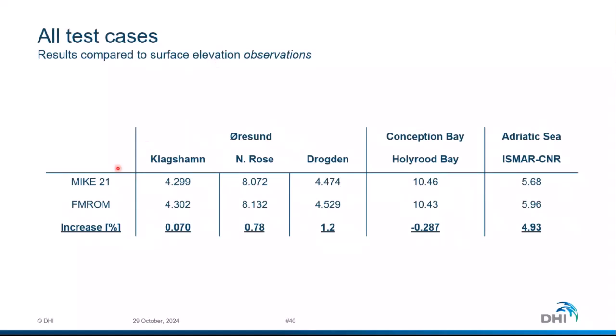And then if we compare to observations, here I take the mic model results and compare to some observations. So this is surface elevation observations in some measurement stations. Then I show the root mean squared errors in this row. And for the surrogate model, I have the root mean squared error in this row. And in the last row, we have the increase in percent when using the surrogate instead of the mic model.